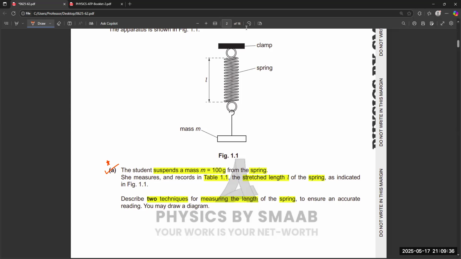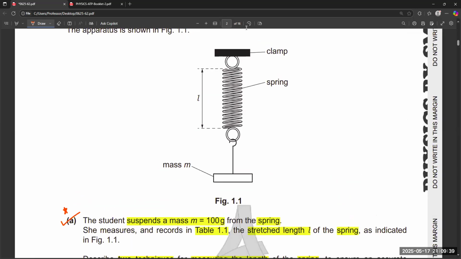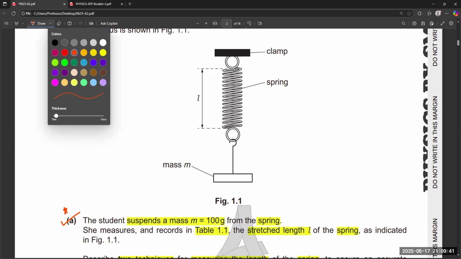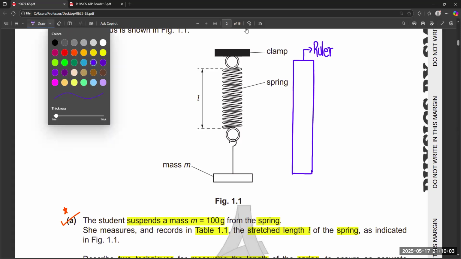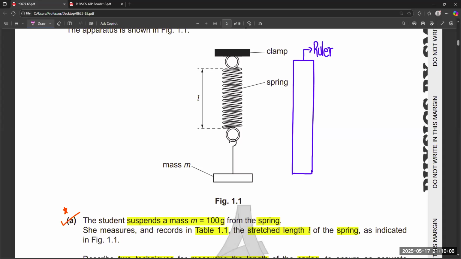the length. So what we do actually, first of all, if we consider the diagram, we have to consider a ruler. Let's suppose this is the ruler, and first of all we have to place the set square in any one of the positions.